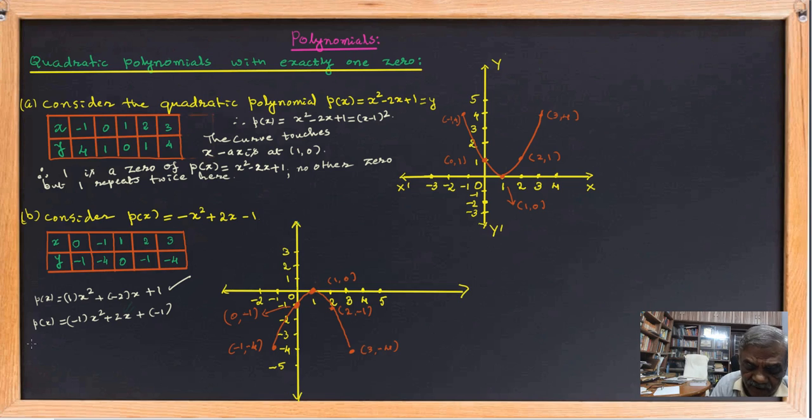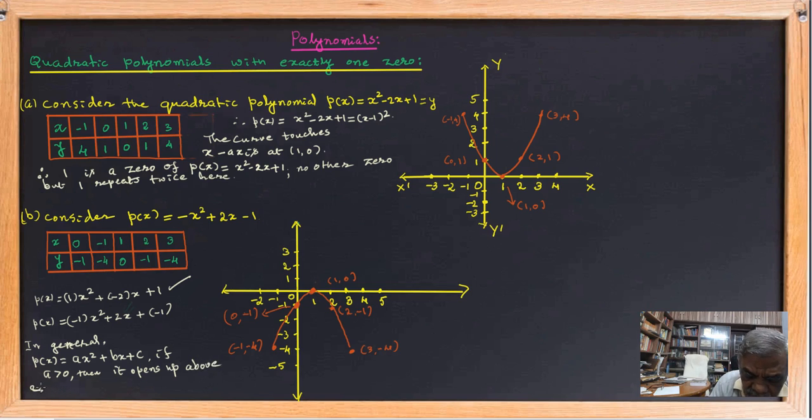Because of this quantity, in general, for any quadratic polynomial p(x) equals ax squared plus bx plus c, if a is greater than 0, I mean positive, then it opens up above.